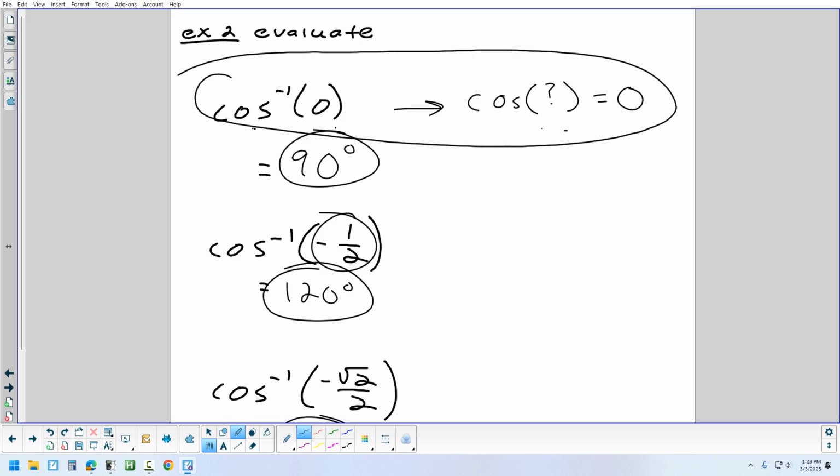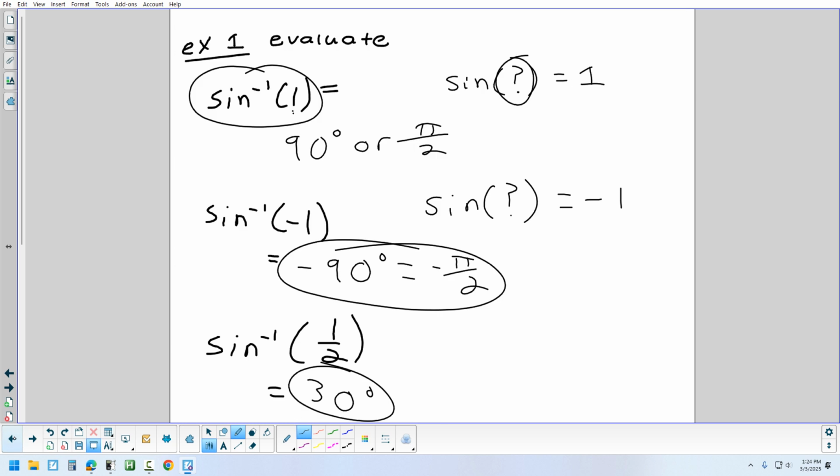This is inverse trig. This is how you can think of it in terms of regular trig. Inverse sine of 1 means the sine of what angle would equal 1. I want to do that with the problem we have right now, because if we can't think of it with regular trig, we're not going to be able to figure it out. So we have to rewrite it first.